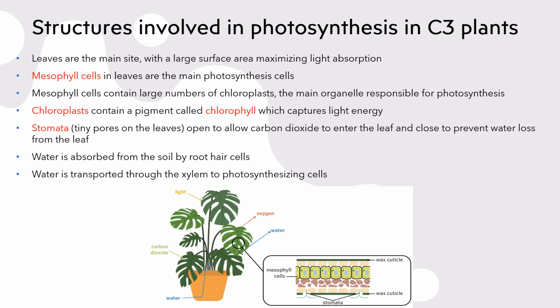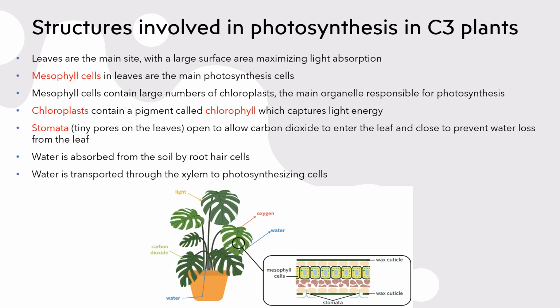So we've got these cells, obviously leaves are organic things made up of cells, and mesophyll cells are the really specific cells that are inside leaves that undergo this photosynthesis process. So mesophyll cells are really important because they contain a large number of chloroplasts. So hopefully you remember from your organelle days that our chloroplasts are the main organelle that's responsible for photosynthesis.